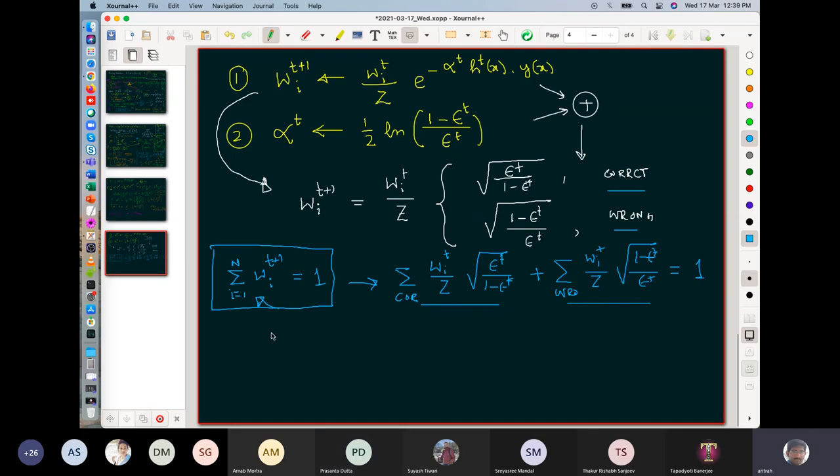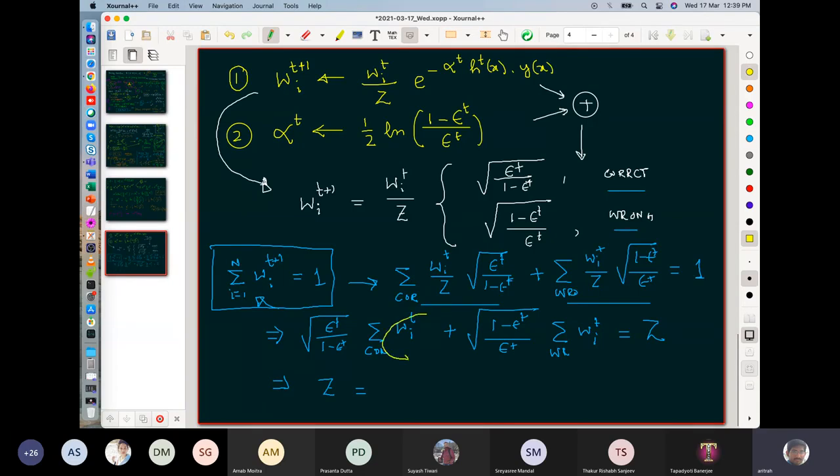Now from here I can easily write this is not dependent on the point anymore. So I can take this out. I can sum over the correct points. I can have only w_i^t here, plus again this is not dependent on points. Then I can have the sum over wrong points. I can have w_i^t here equal to Z, because Z I can just multiply on all sides, which means Z equal to, let me see what I get.